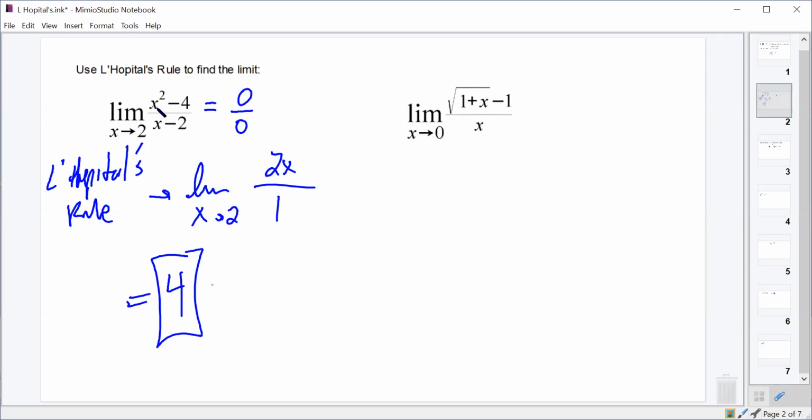Good or no? So we have to write out L'Hopital's rule every single time? Or can we abbreviate it, like LH? No, I used to tell people to abbreviate LH, and then College Board sent out this thing that they were no longer going to accept just writing LH. They want you to write out that you used L'Hopital's rule. That's so stupid. I 100% agree with you about that.